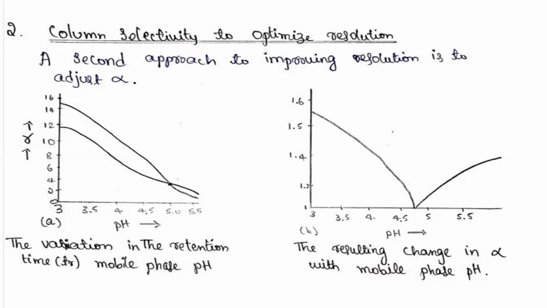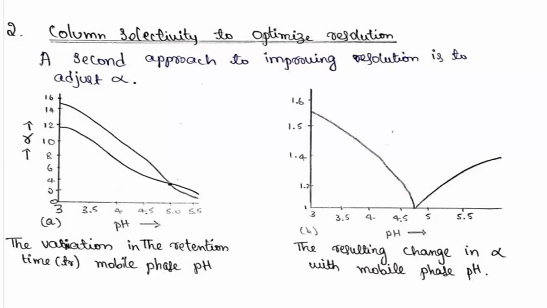For example, figure A shows how the pH of an aqueous mobile phase can be used to control the retention time, and thus the capacity factor, for two substituted benzoic acids. The resulting change in alpha is shown in figure B. In gas chromatography, adjustments in alpha are usually accomplished by a change in stationary phase.